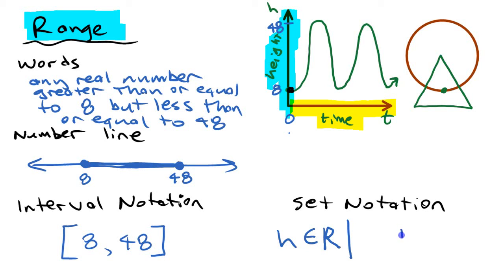Put the H down, put the upper limit to the right, put the lower limit to the left, and then draw the symbols so that they point the right way. They're always going to point the same way like that. It's bigger than 8, but less than 48. And then the only other thing you have to do to complete that is put the weird squiggly brackets.